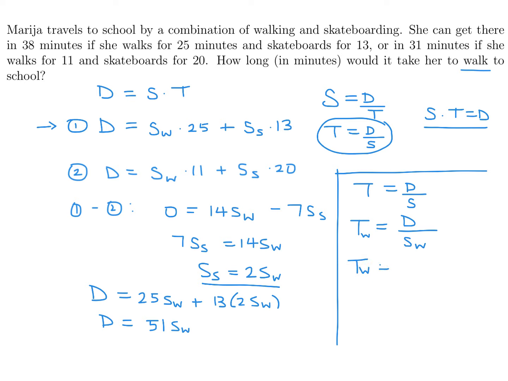So TW would be D over SW, but D, we have figured out, is 51 times SW. And therefore, interestingly, the SW's just cancel, and all you're left with is 51. And this was in minutes, and that's it. So with these basic equations, you manipulate them and use the information in the question stem, and the answer is 51 minutes.